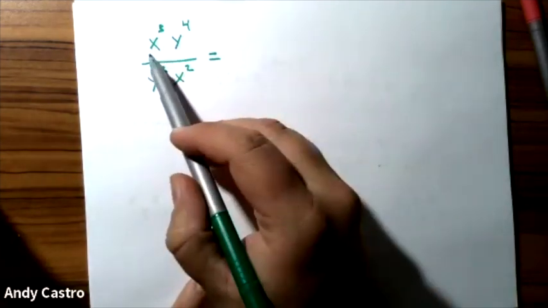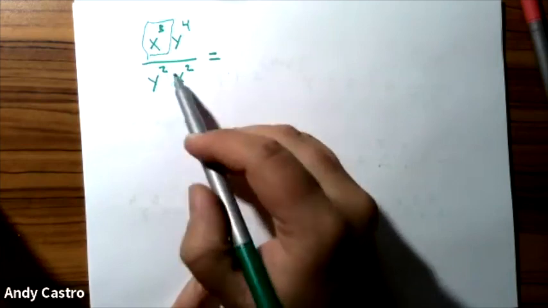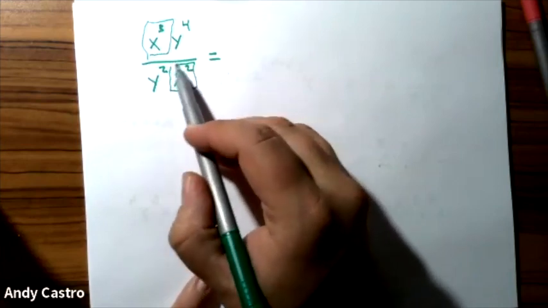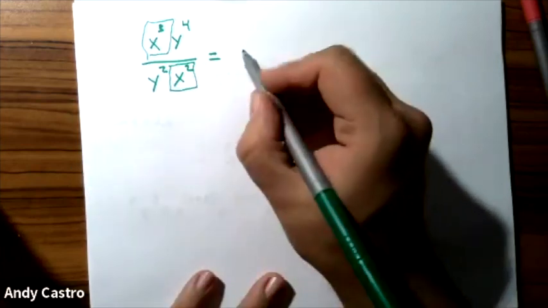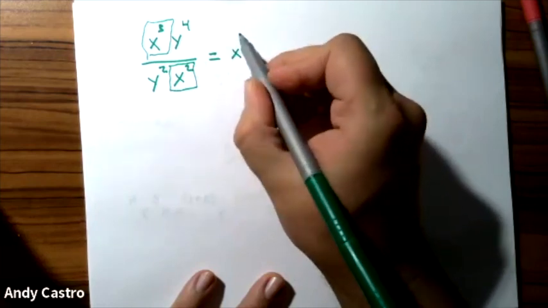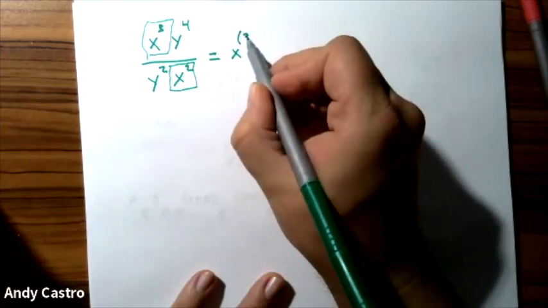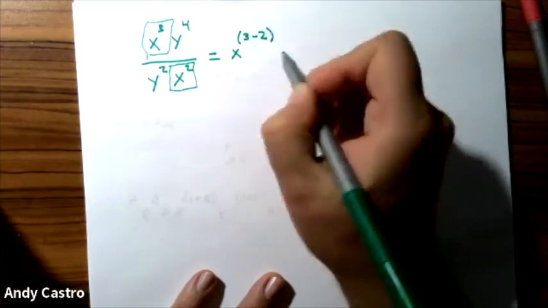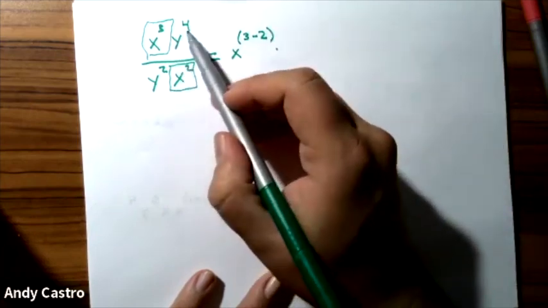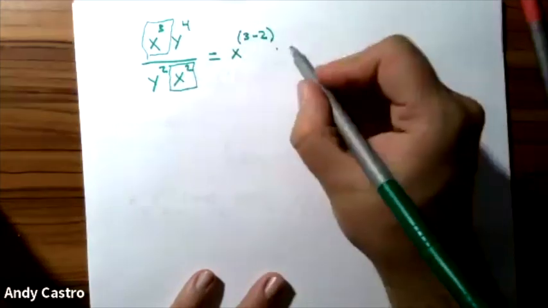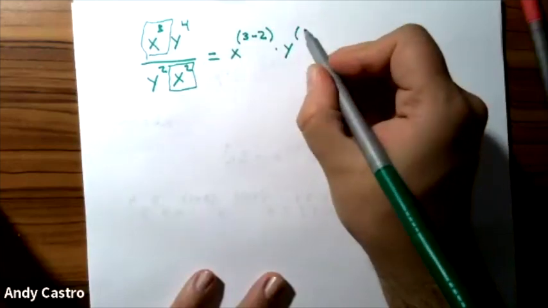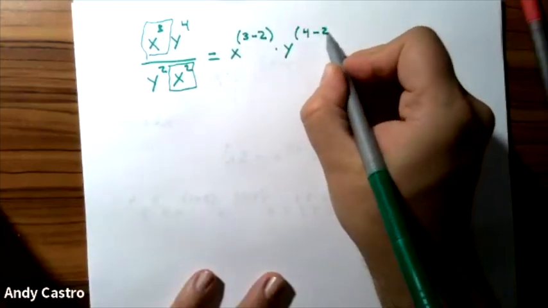So right now I'm going to look at just my x's. I have x to the third over x squared. So that's going to be x to the 3 minus 2 times I have y to the fourth over y squared. So that's going to be y to the 4 minus 2.